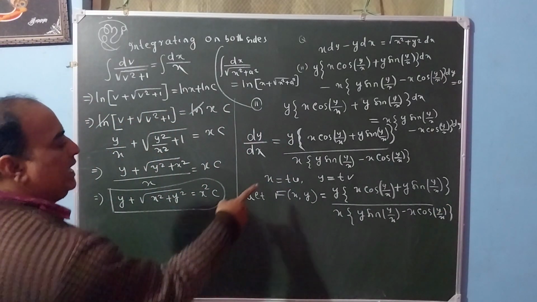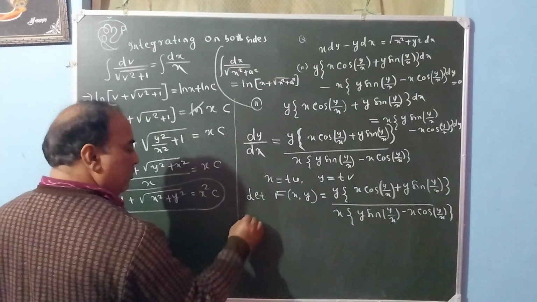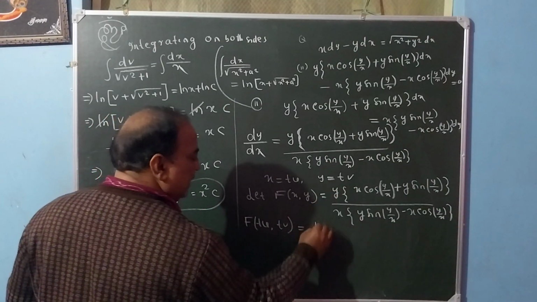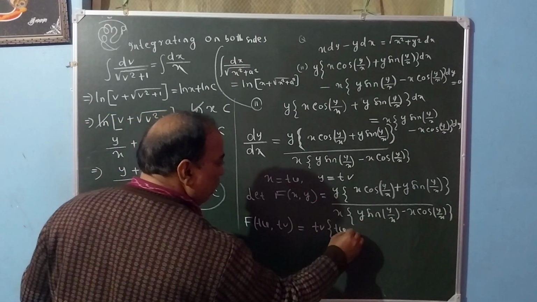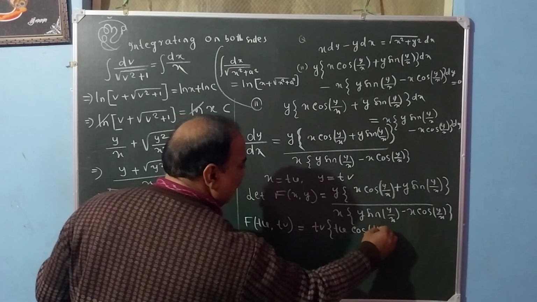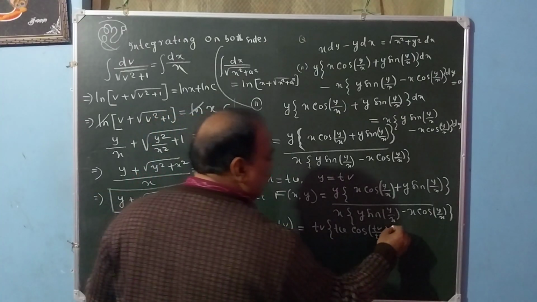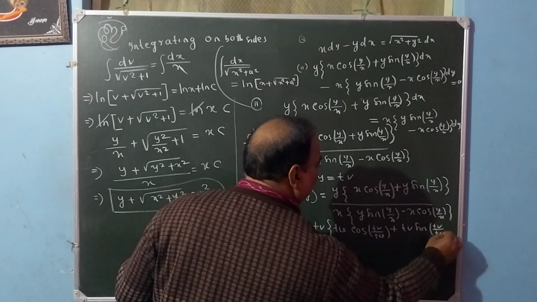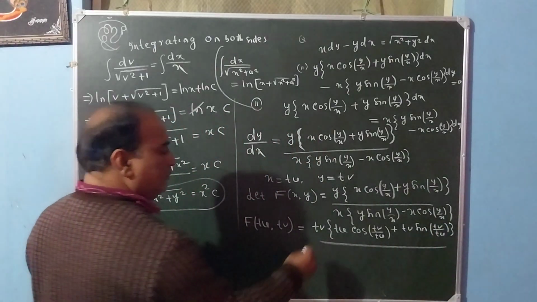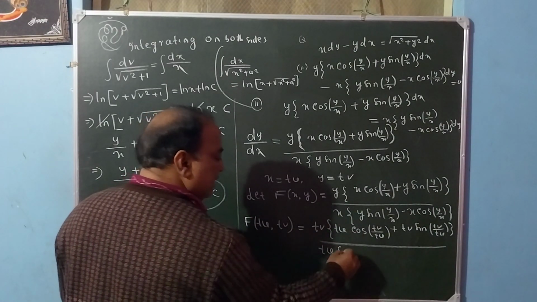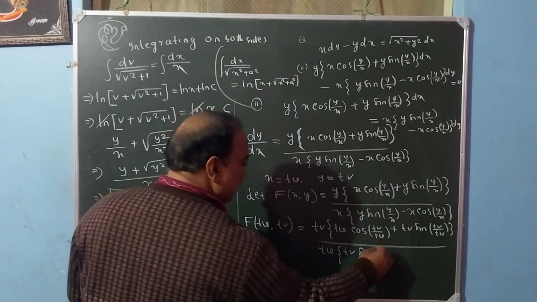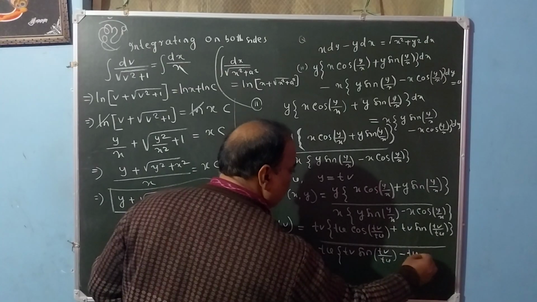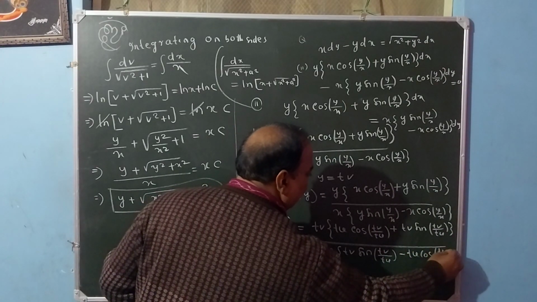Put x is equal to tu, y is equal to tv. Write out f of tu tv is equal to, in place of y it is tv, tu cos tv by tu plus tv sin tv by tu, divided by tu tv sin tv by tu minus tu cos tv by tu.